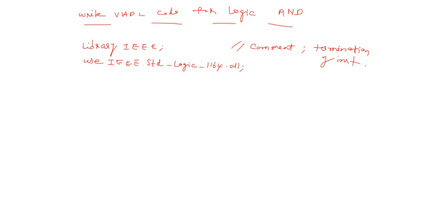After the library declaration, now start the entity declaration. So start with entity and the name of the entity. You can give any name to your program. Suppose this is the AND gate, I am giving the name of my entity as AND_gate.